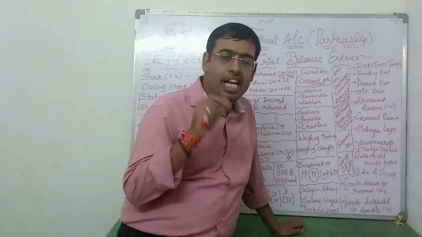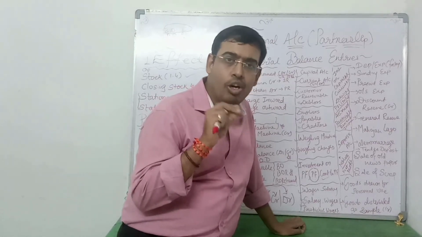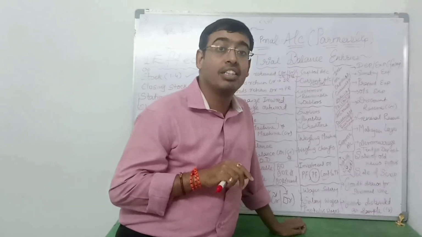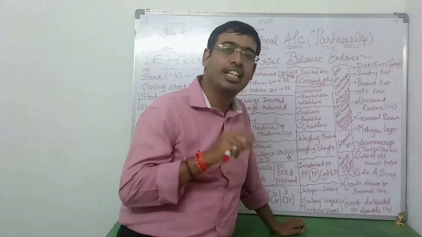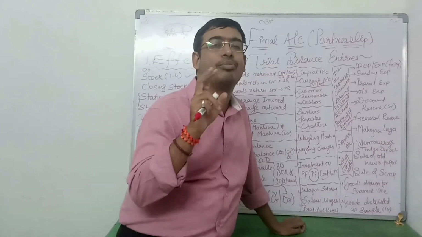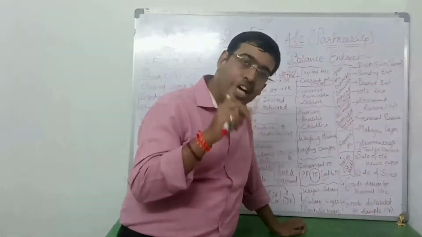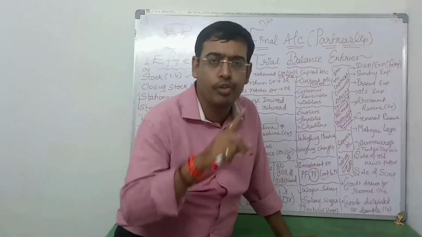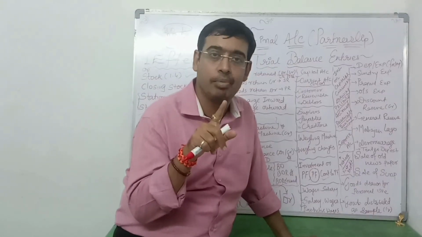Net loss and net profit, whenever directly written in your trial balance, you have to read the katha. What do you mean by katha? Information. It is written somewhere that an untrained person has made this account. You need to rectify. So while doing rectification, you need not write net profit or net loss anywhere, although it is given in trial balance.